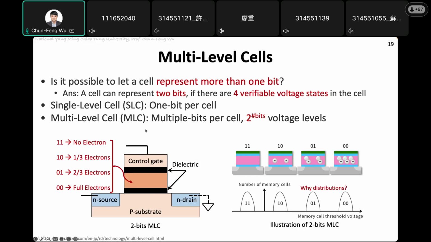So when you apply the same voltage, no matter read or write, not all the cells will give you the same results. This is why, when you open a spec, you see a lot of distributions. All the floating gates are slightly different from each other, and people call this process variations.